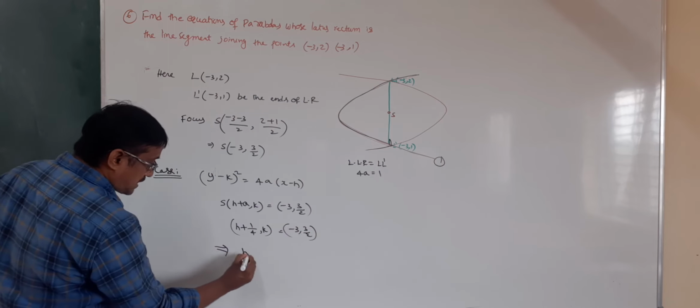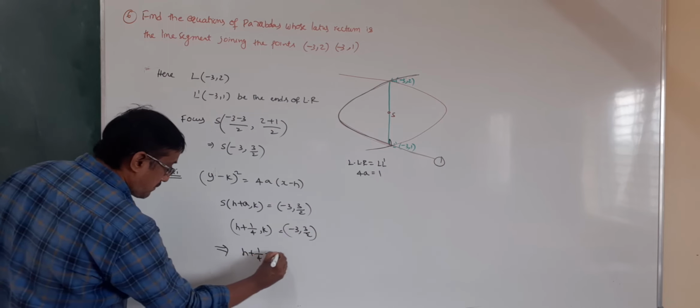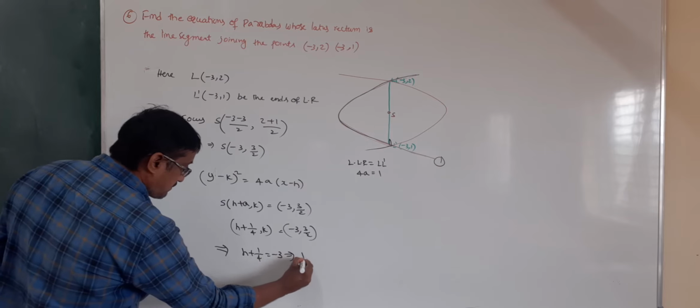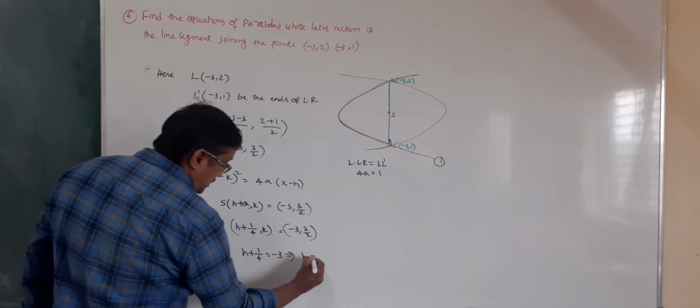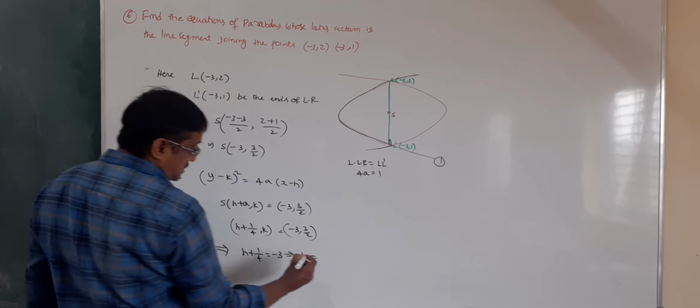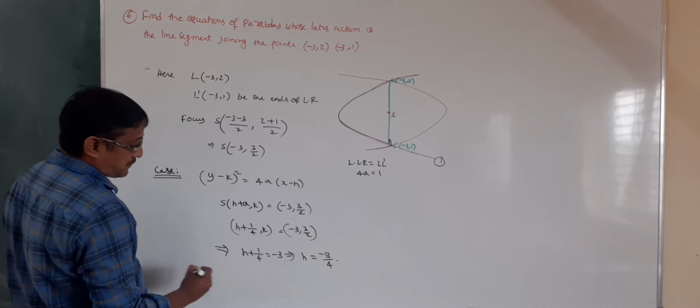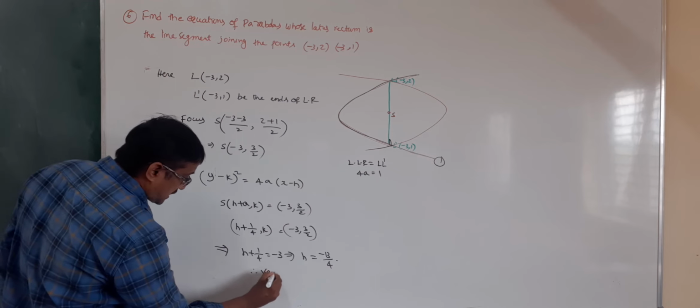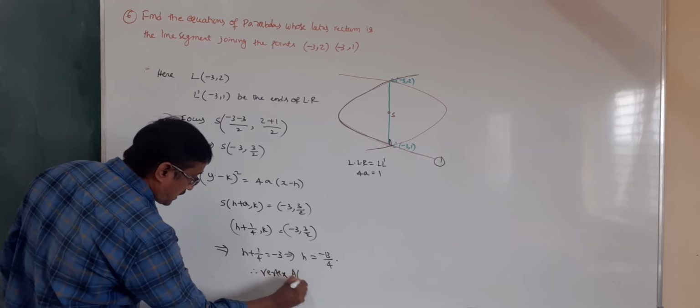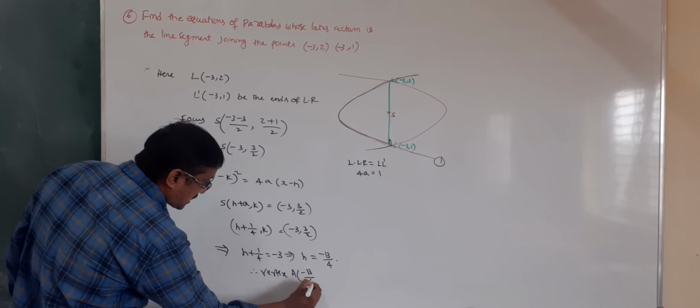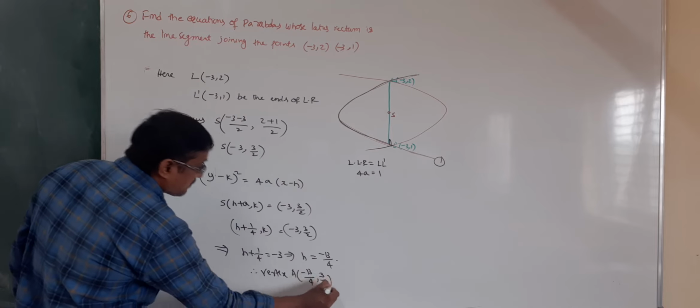So h + 1/4 = -3. This implies h = -3 - 1/4, that is -13/4. Therefore the vertex of the parabola is (-13/4, 3/2).